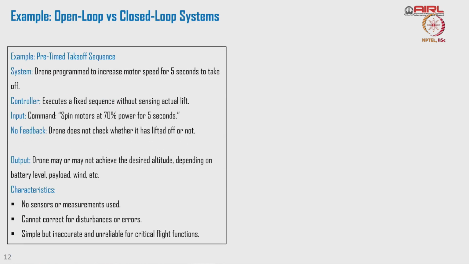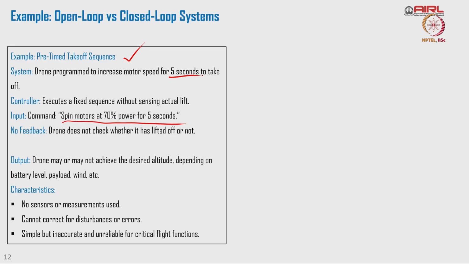There are some examples of open loop and closed loop systems. In the case of drones, one example is a pre-timed takeoff sequence, where the drone is programmed to increase motor speed, say for 5 seconds, to take off. It is an open loop system, the controller executes a fixed sequence without sensing the actual lift. Input will be some command like spin motors at 70% power for 5 seconds.